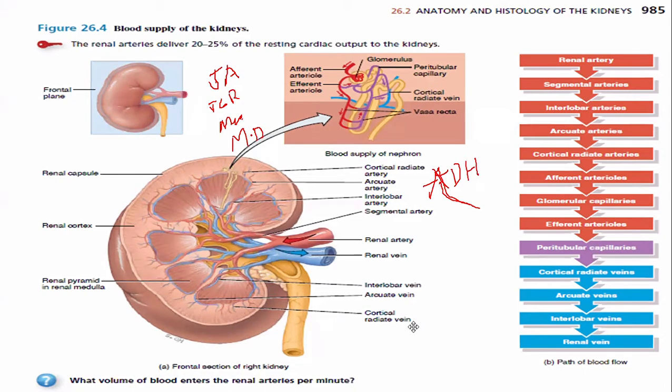Then the macula densa. What is the macula densa all about? Okay, remember. So if this is your afferent arteriole, di ba, which you have the JG cells here, the afferent arteriole is just near the distal convoluted tubule.